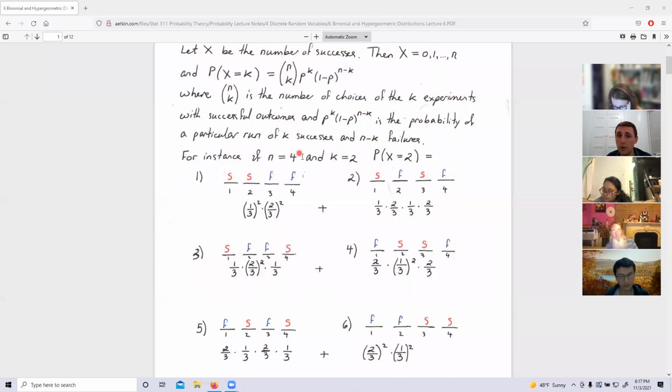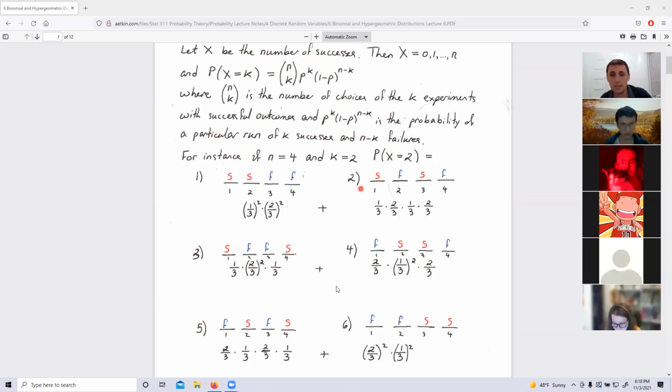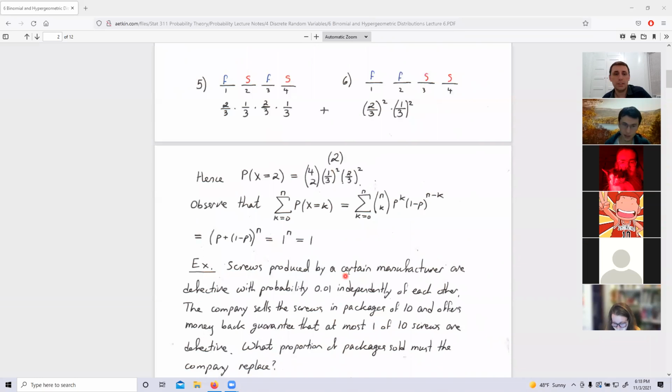In this case, 4 choose 2 times. 4 choose 2 means classifying based on the trial numbers: choose 2 trial numbers that produce the success. And choose k means classifying based on the k trials that produce success. Make sense?